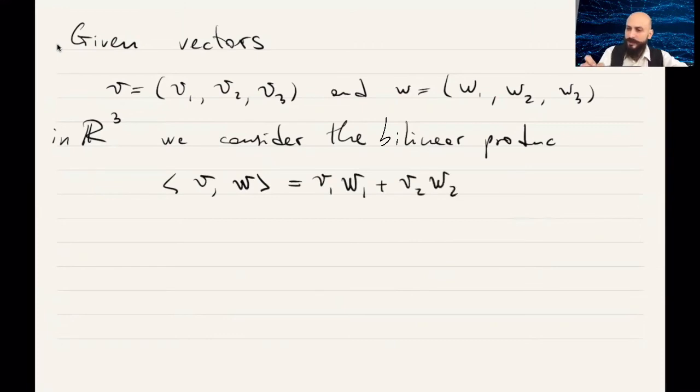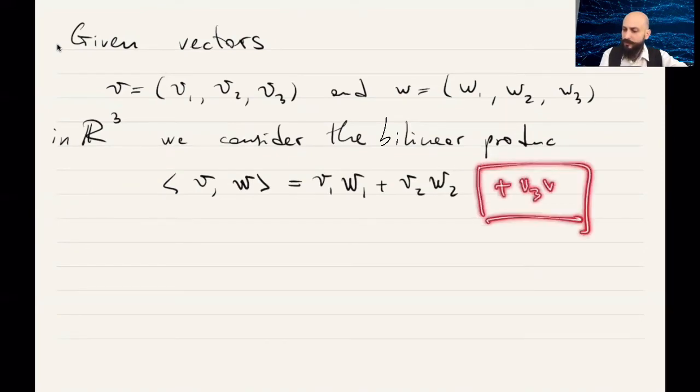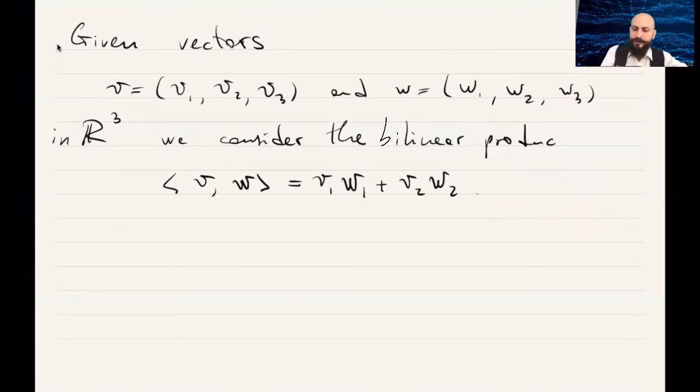Now see, it's not the standard one because we don't have V3 W3. Okay, this is not a scalar product. But it's a linear map. Now what we want to see is that because in delta we never had the z-axis, the restriction of this linear map defines a positive definite inner product, a scalar product on delta.